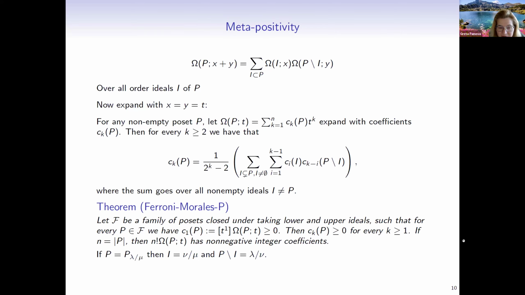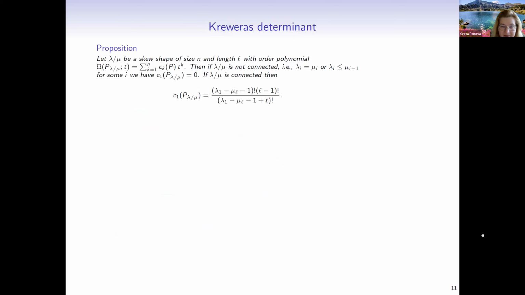And in particular, if you have a skew shape, an order ideal of the skew shape is another skew shape, and the rest is also a skew shape. So the skew shapes themselves are closed under taking lower and upper ideals. So all that remains now is to figure out what the linear term is.